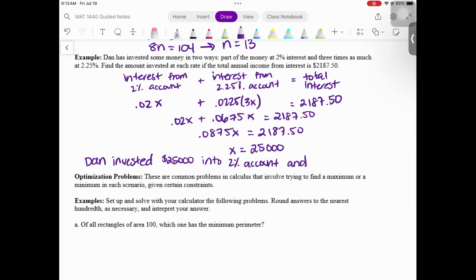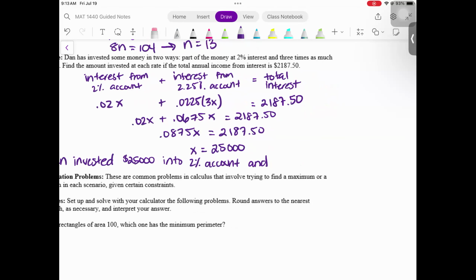And 3 times that into the 2.25%. So 3 times 25,000 is 75,000 into the 2.25% account.